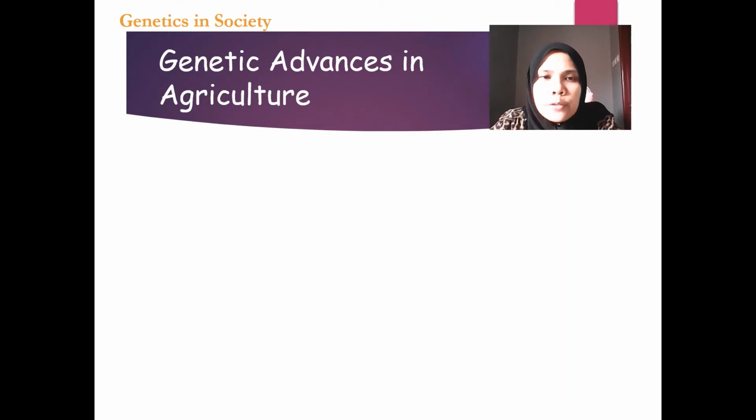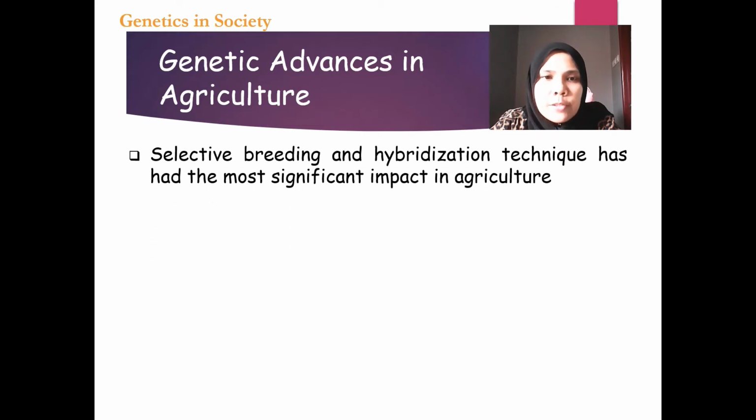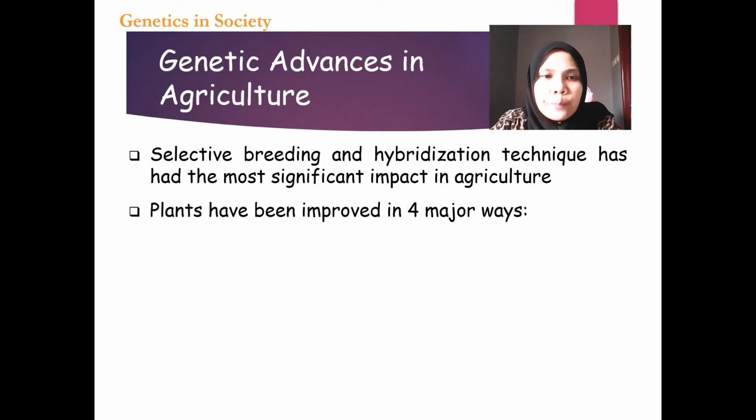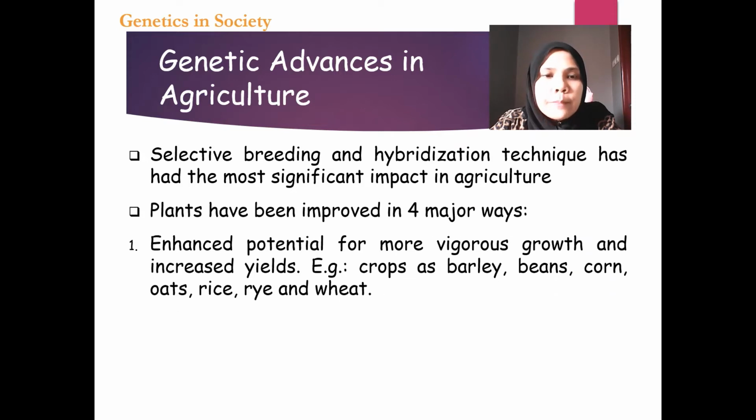Now we move on to genetic advances in agriculture. Selective breeding and hybridization techniques have had the most significant impact in agriculture. Plants have been improved in four major ways.